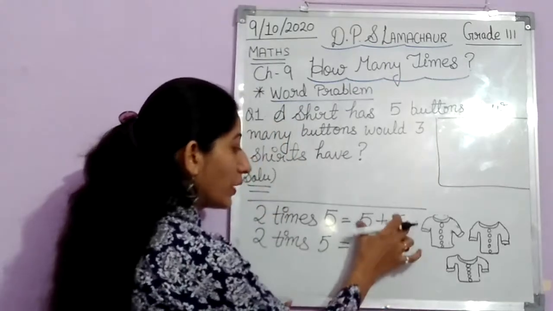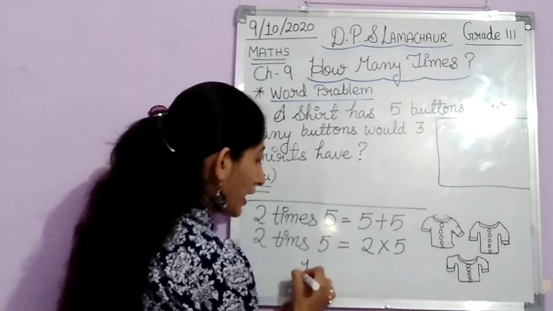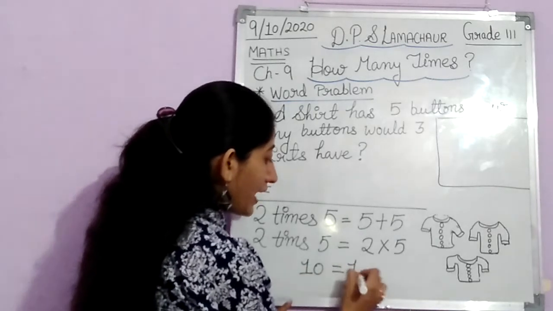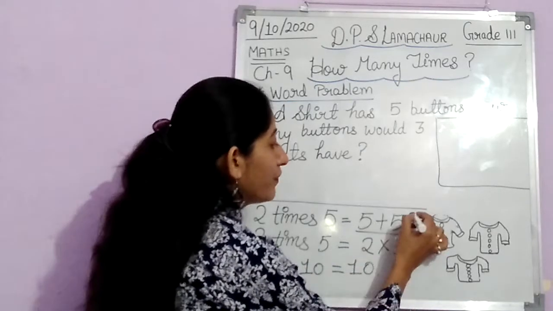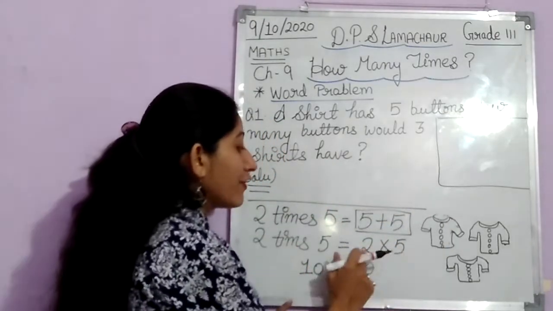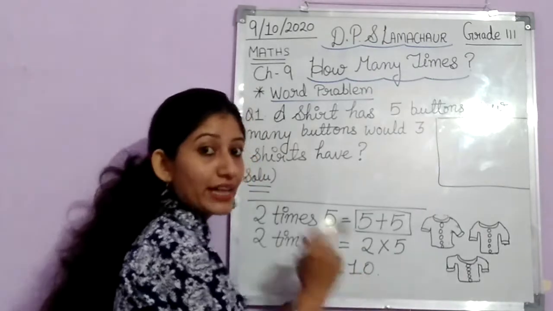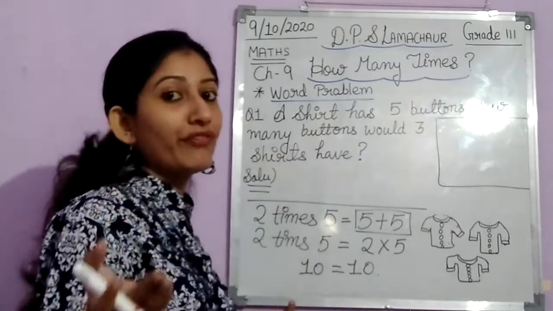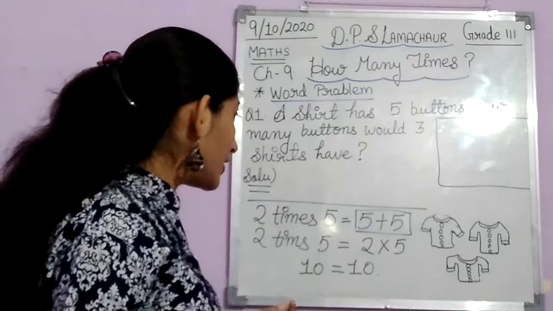If we calculate both, what are we getting? 10. तो आप 5 plus 5 count करने से, if you know the table, 5 into 2 is simply 10. So it is the best way to find the answer. This I have explained to you.